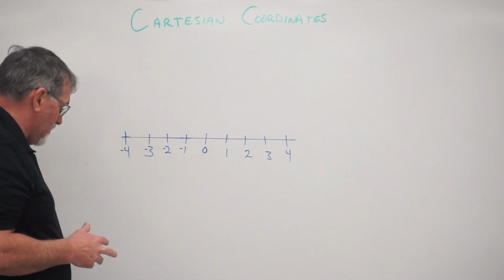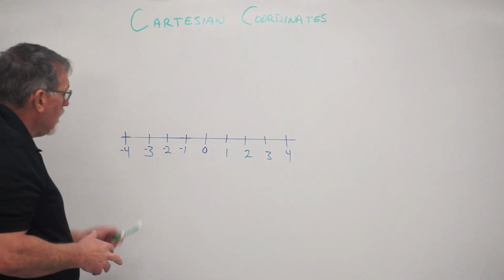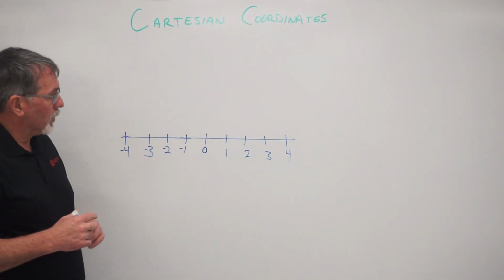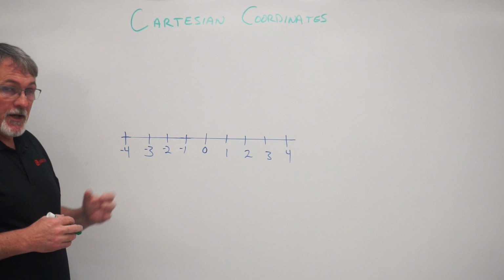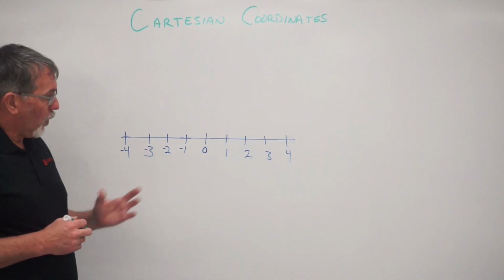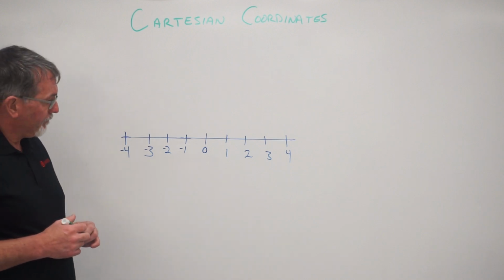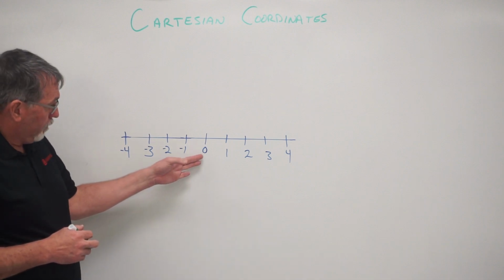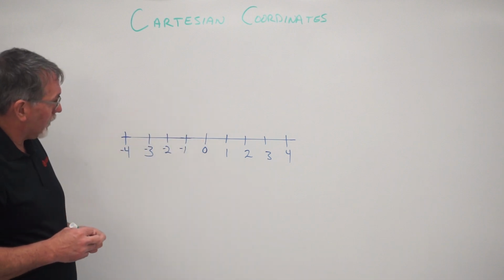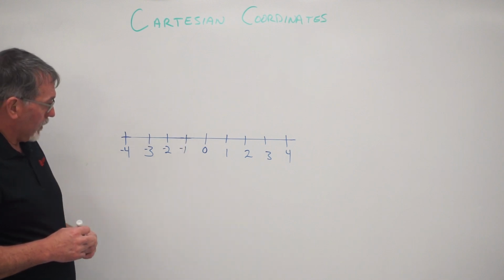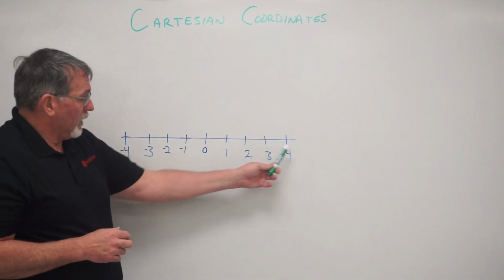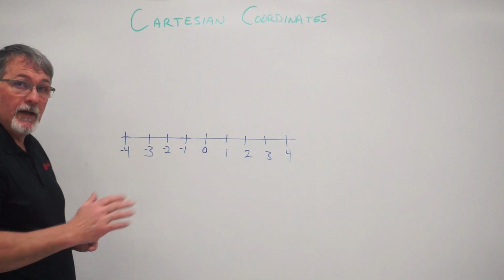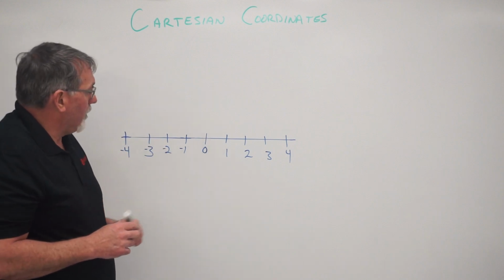So I started out with a simple number line. This is known as a number line. And really it's a one-axis coordinate system. Many of you probably remember these from grade school. We have a 0 position marked on the center of this number line, and everything heading to the right of that position is going to be a positive number.